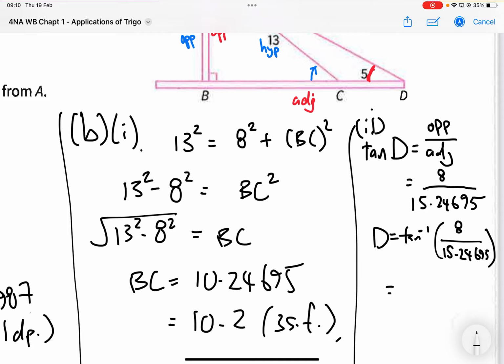Times 8, tangent inverse, 37.97987. Then when we round off, it will become 38.0, 1 decimal point.